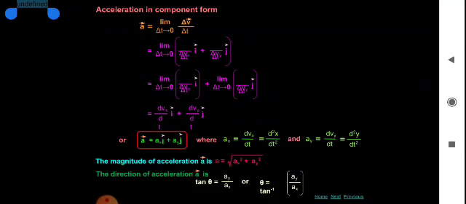See here in the slide there is a mistake. Delta vx and delta vy have to come in the numerator.